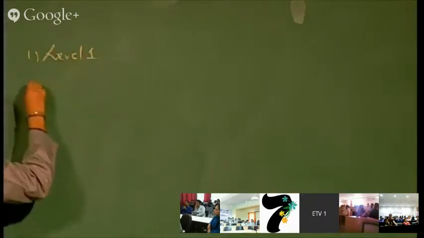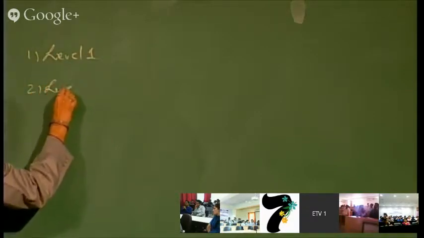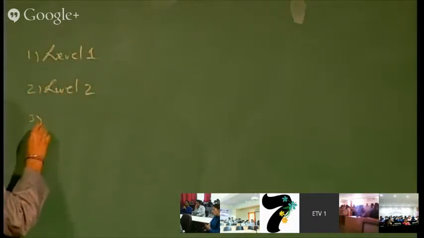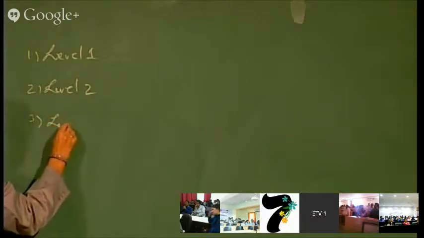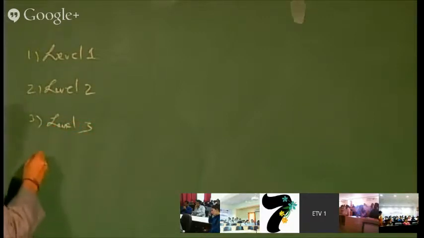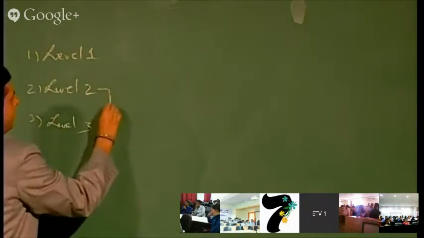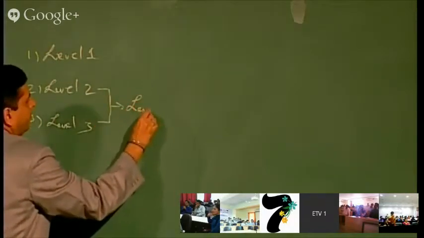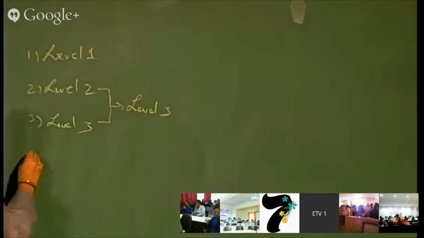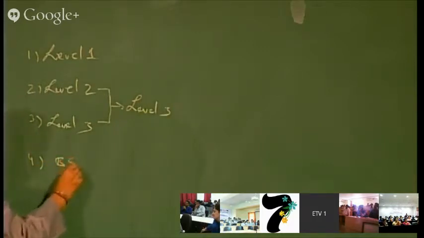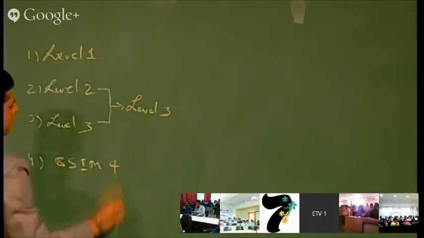These simulation levels are level 1 simulation, second is level 2 simulation, and level 3, and these two are basically combined and we call them level 3 simulation, and fourth is the level 4 simulation. So in SPICE simulation we have these different levels.